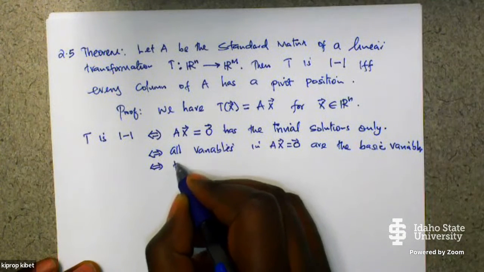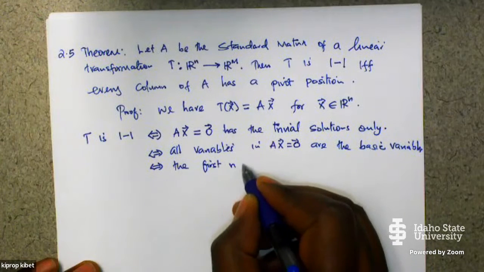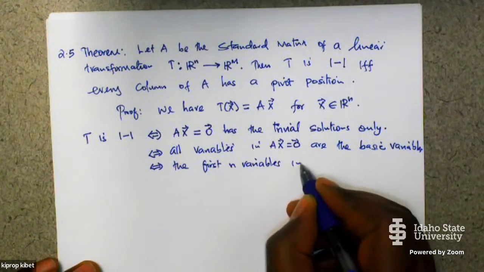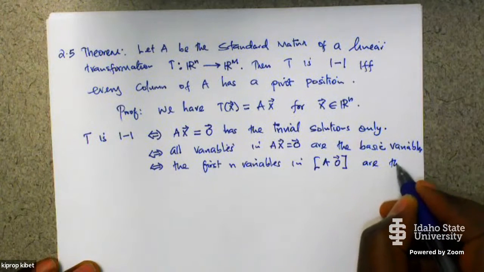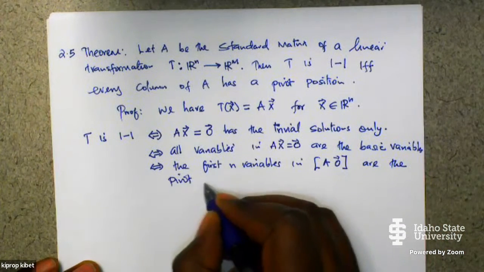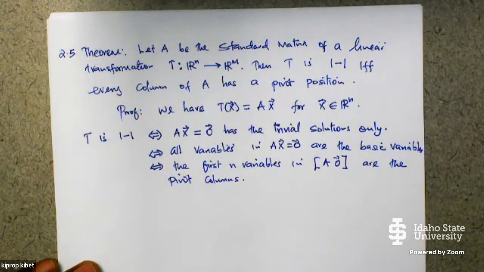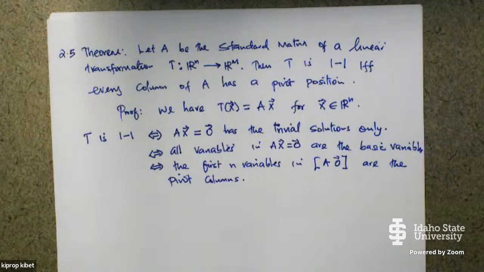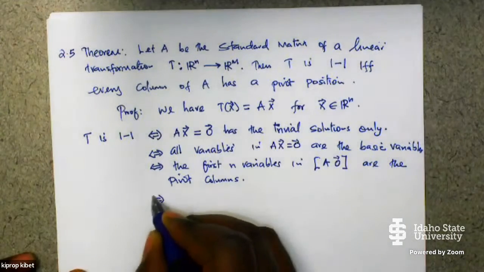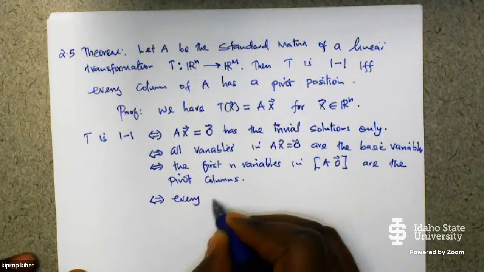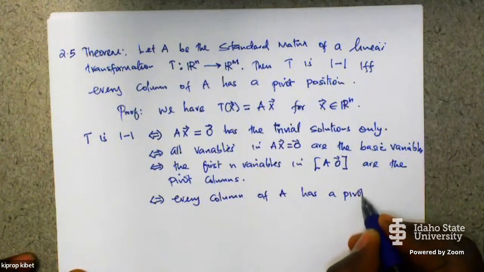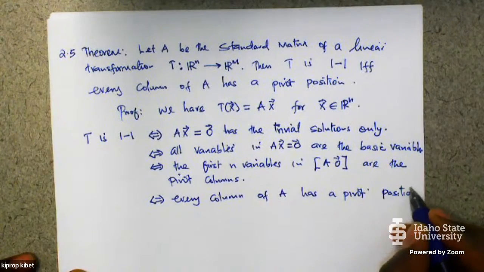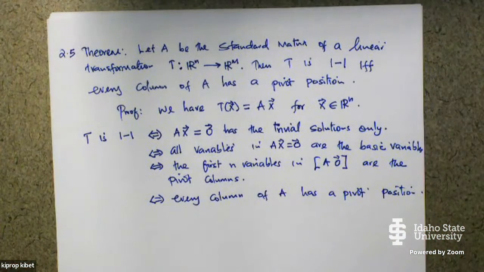Also, the first n variables in AX equals 0 are pivot columns, and also every column of A has a pivot position.